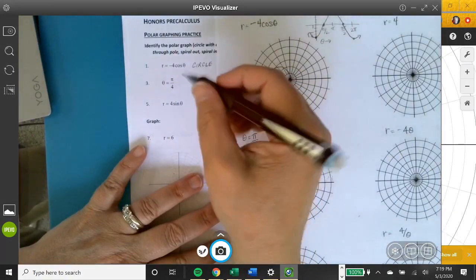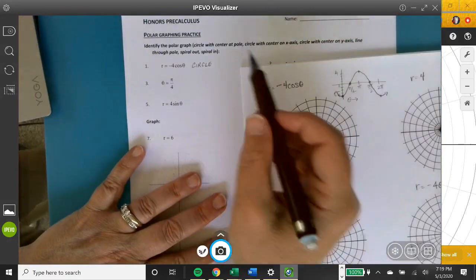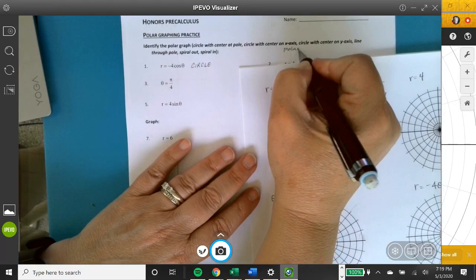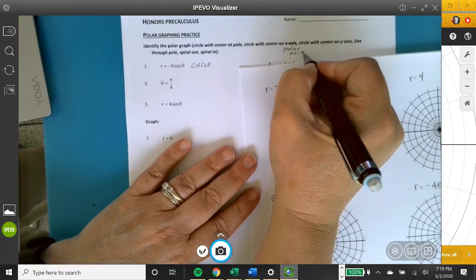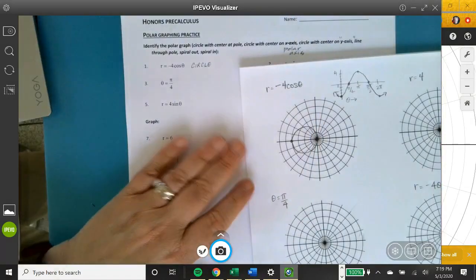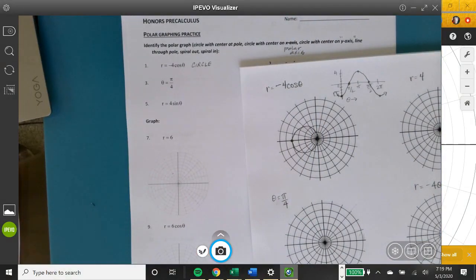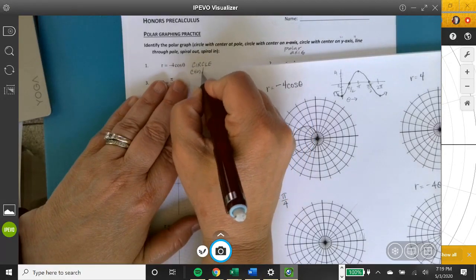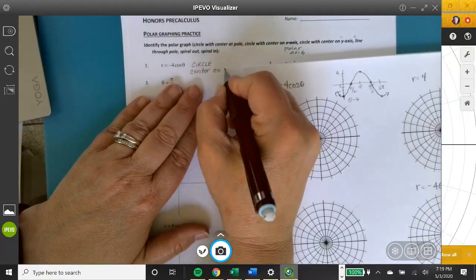And its center, because the instructions say, is it centered at the pole? Is it on the polar axis, or the y-axis, which is the axis that shall not be named on the polar plane. So this is a circle with the center on the polar axis.